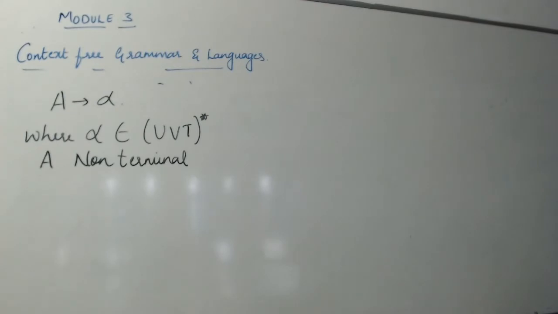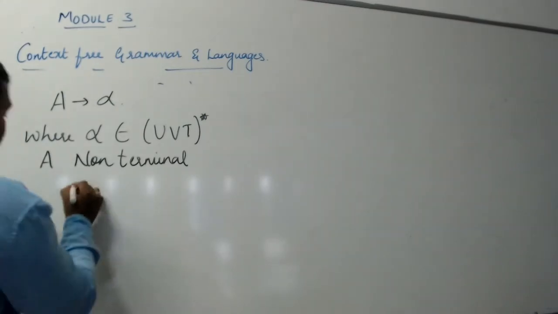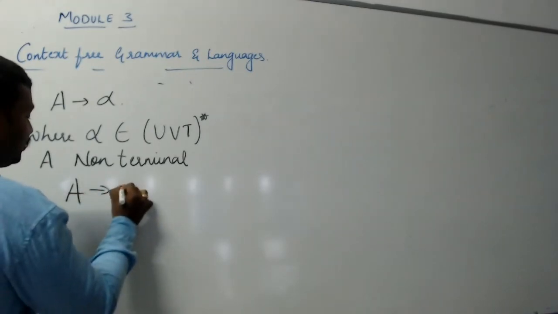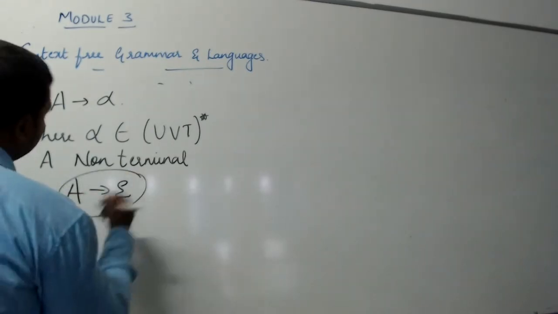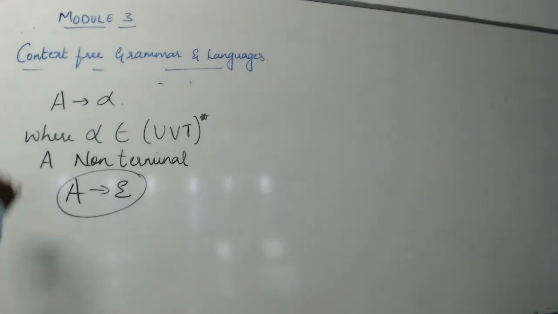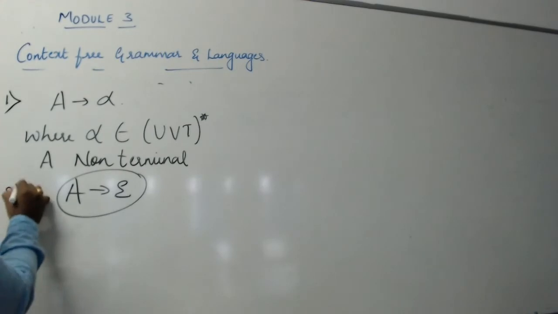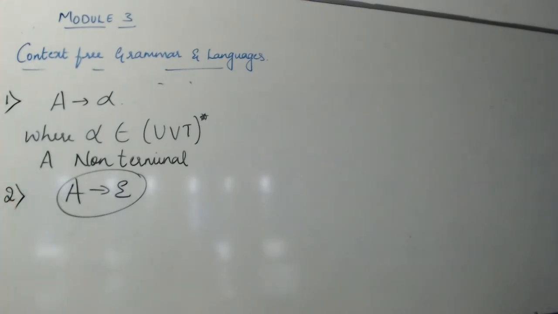The symbol epsilon can appear on the right hand side of any production. So A tends to alpha, but A tends to epsilon is also allowed. The second point you need to observe is that you can use an epsilon symbol on your right hand side. And the third point is that the language generated from this grammar is called a type 2 language or context-free language.